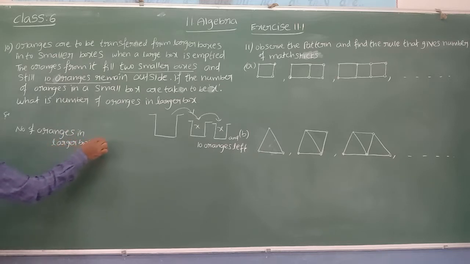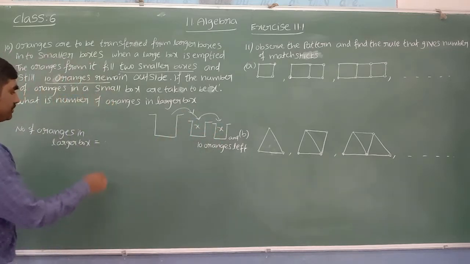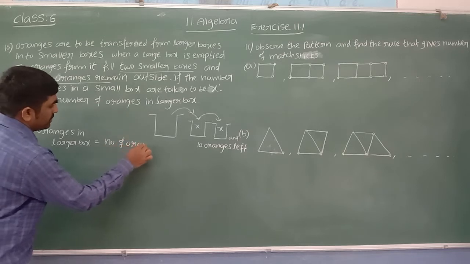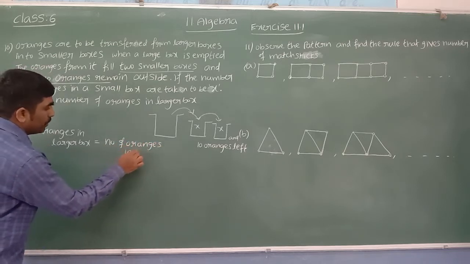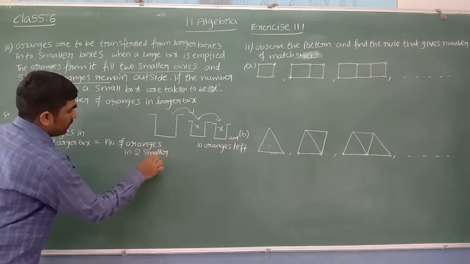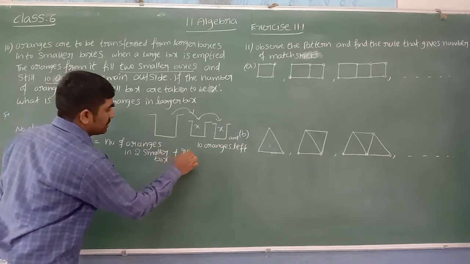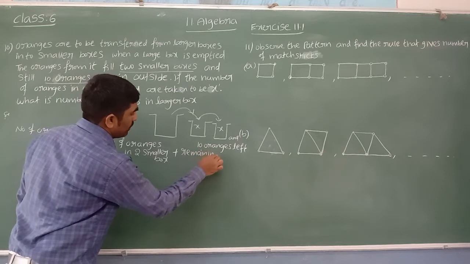is equal to what, can we write, beta? Number of oranges in two smaller boxes plus remaining oranges.